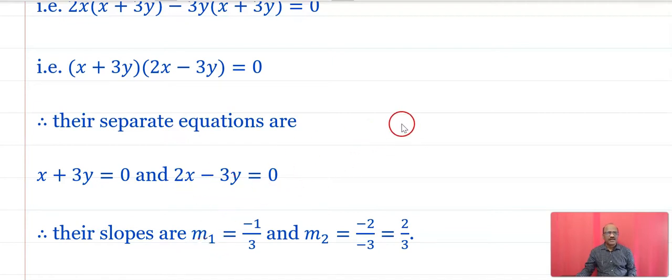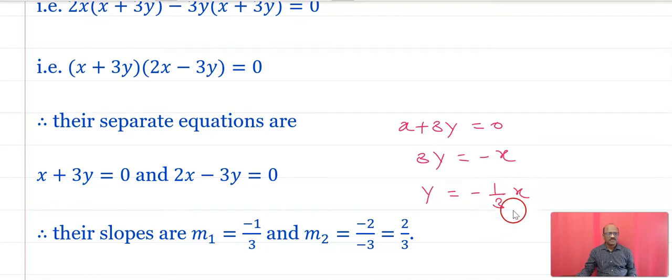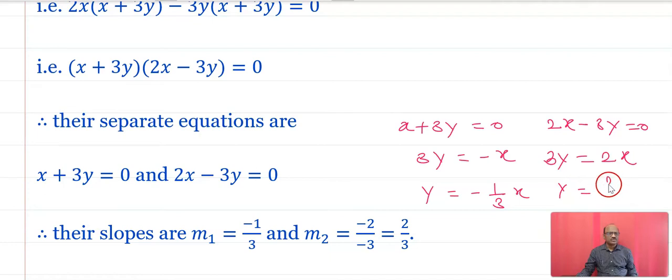We can write x + 3y = 0, therefore 3y = -x and hence y = -(1/3)x. Similarly, for the other line, 2x - 3y = 0, therefore 3y = 2x and y = (2/3)x. Therefore, the slope of the second line is 2/3.